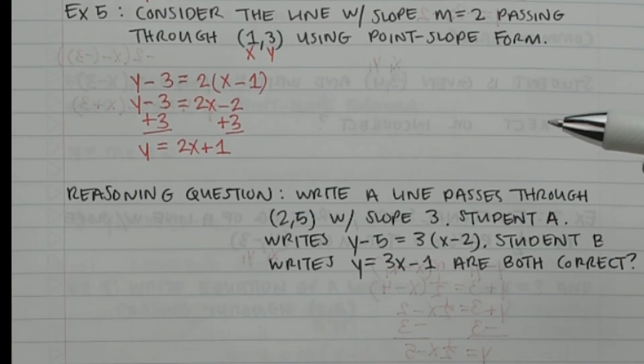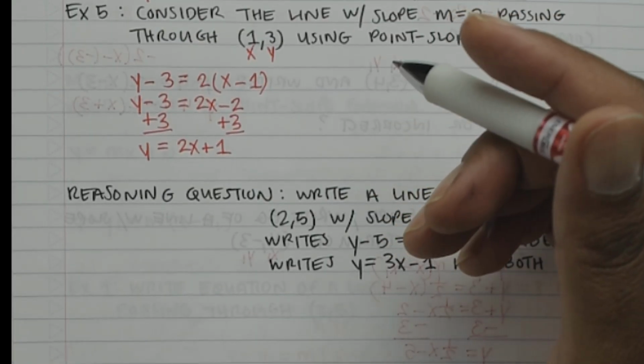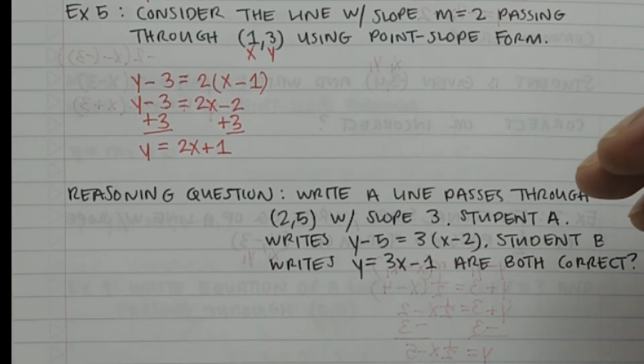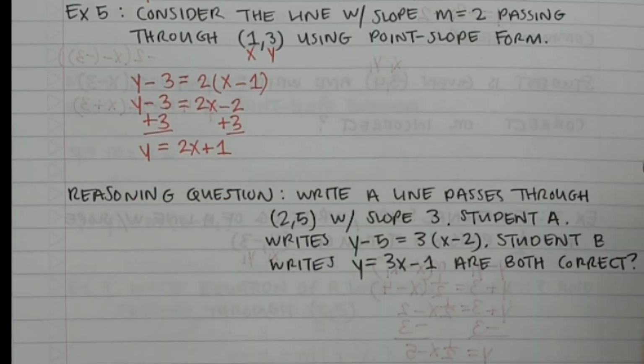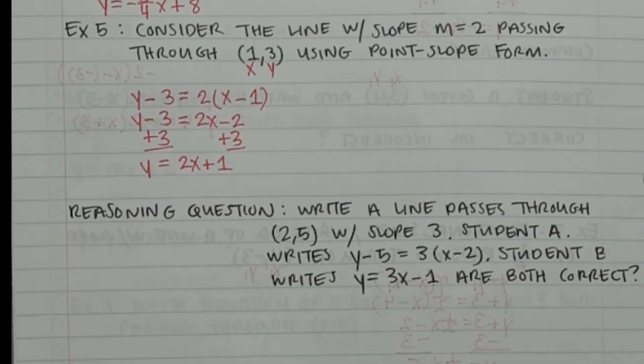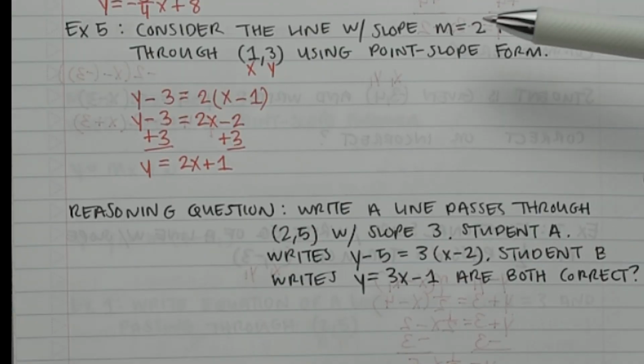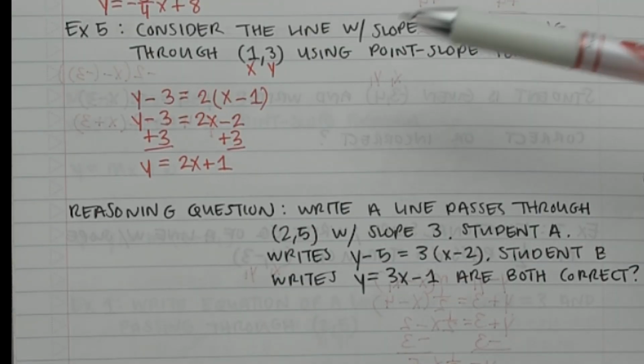All right, the last video ended accidentally. So we were working on example number 5. Consider the line with slope m equals 2 passing through (1, 3) using point-slope form.